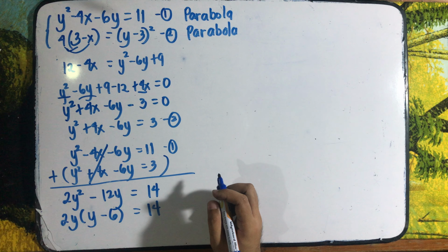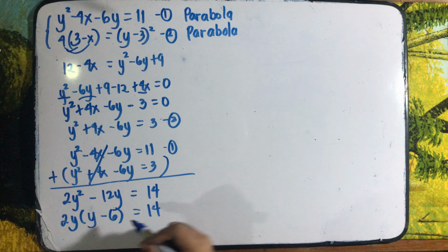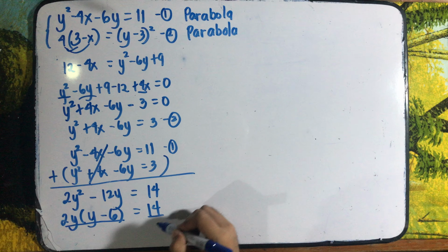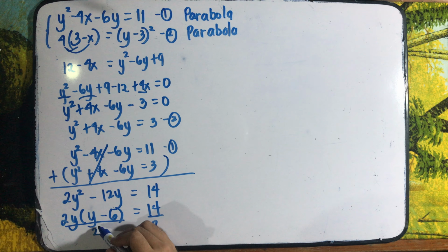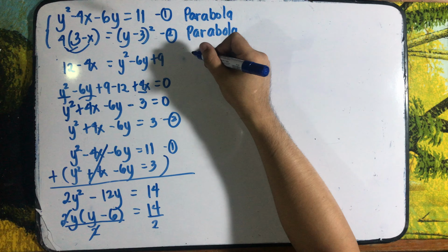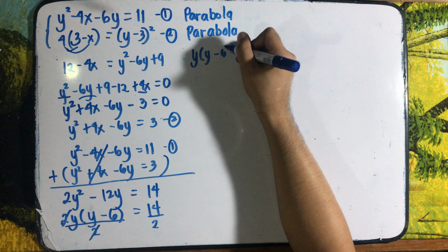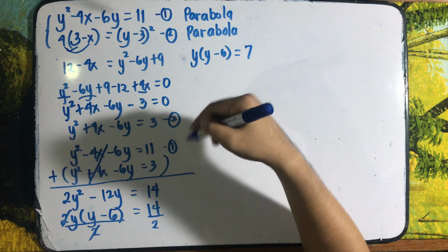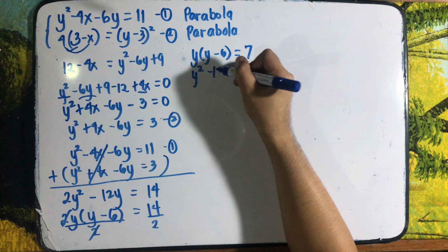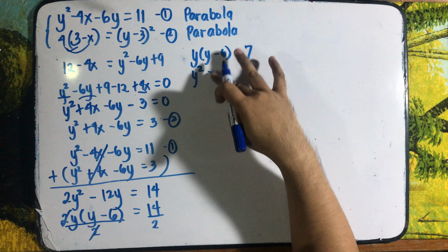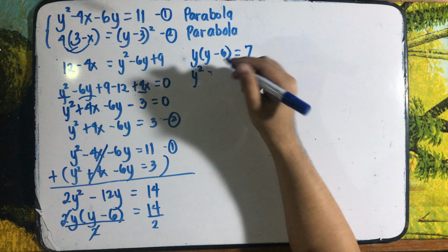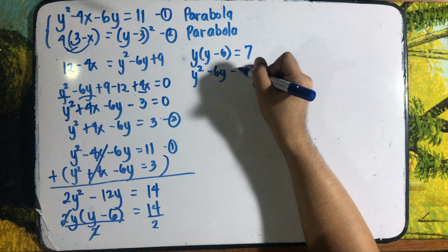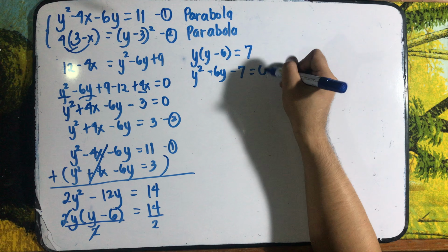Therefore, let's divide all the terms by 2. We'll now be having y times y minus 6 is equal to 7. I will get again y squared minus 6y, so I will distribute y again so that I'll get the factors: y squared minus 6y minus 7 is equal to 0.